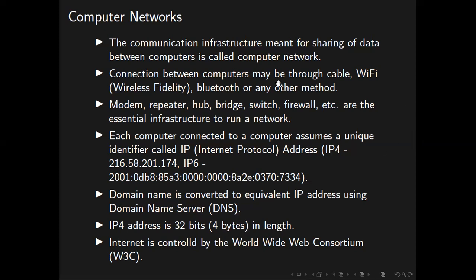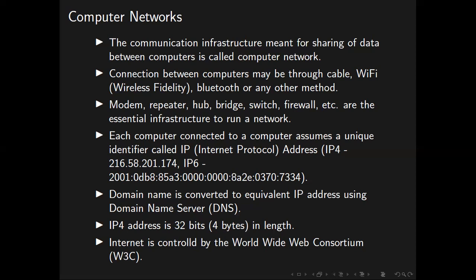Then each computer connected to a network has an IP address. What is the full form for IP? IP stands for Internet Protocol. Each computer gets an IP address, in the format IP version 4 or IP version 6. IP version 4 has four numbers ranging from 0 to 255.